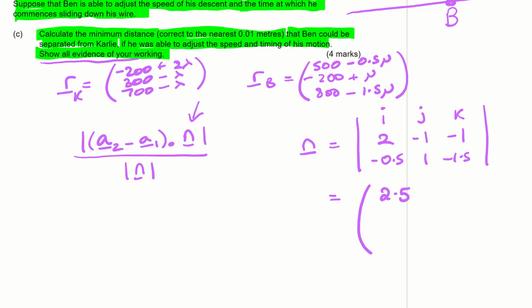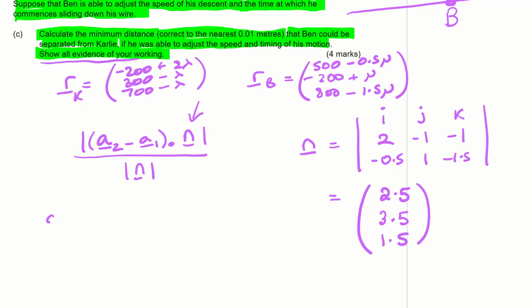Covering up the j, we get negative 3, that's 2 times negative 1.5, take away 0.5, so that's take away 3.5. This one has to be the negative of what we get. And then covering up the k, we're going to get 2, take away 0.5, so that is 1.5.